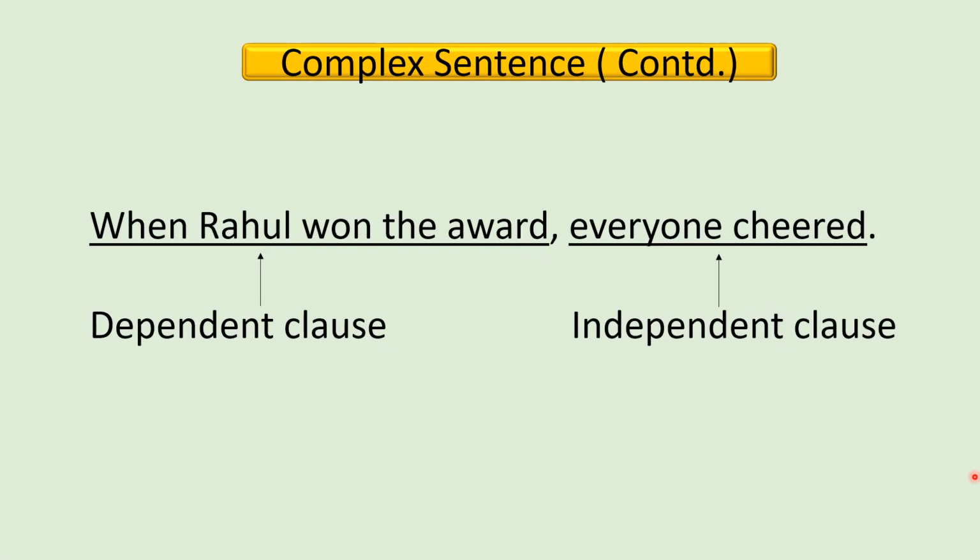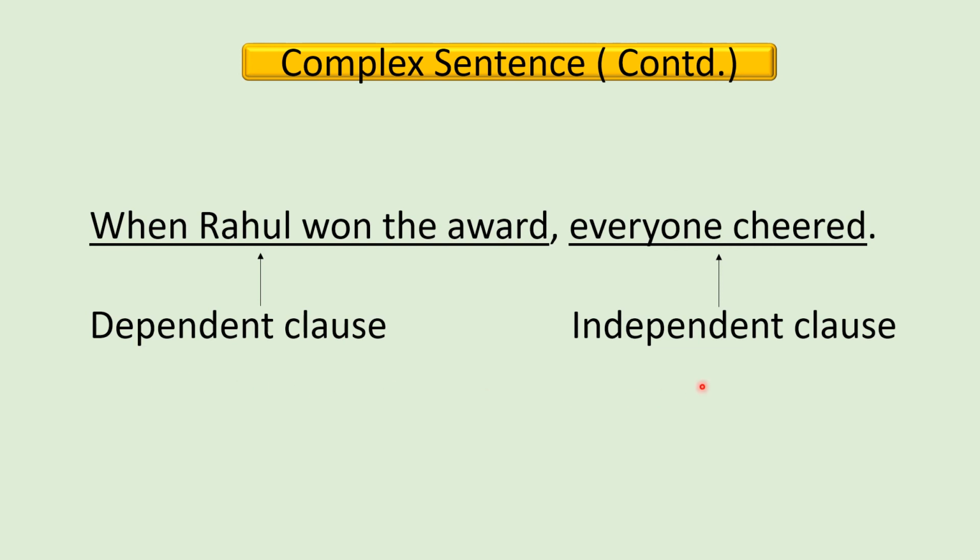When Rahul won the award, everyone cheered. Okay, everyone cheered is an independent clause. It's giving me a complete meaning. But when Rahul won the award, oh my God, then what happened? Incomplete. So this is your dependent clause.